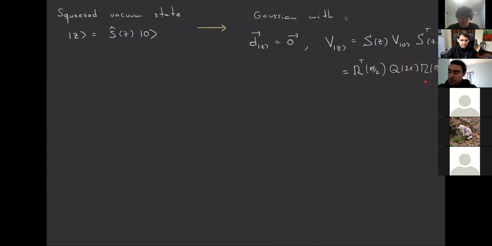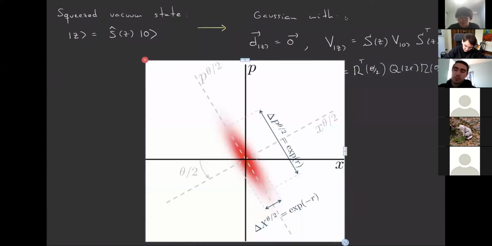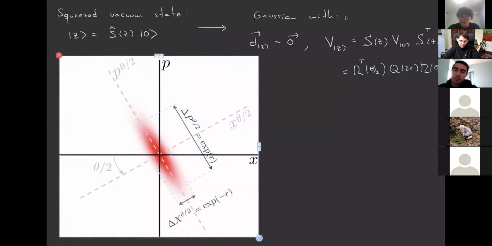So this expression is really nice because it automatically shows us a couple of things. It tells us that this is a Gaussian state that is centered at 0. But along the directions defined by the angle θ/2, it's squeezed in the x direction and anti-squeezed in the p direction.